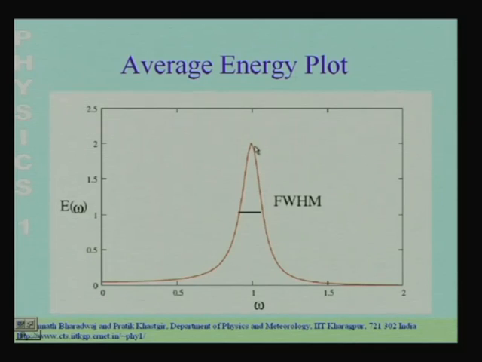At that particular frequency, the energy of the oscillator would be maximum. For other frequencies, the energy stored in the oscillator would be less, and you have a peak. So, you have a peak in the energy response of the oscillator to forces of different frequencies. You have a maximum at a certain value, and then it falls off as you move away from that value.